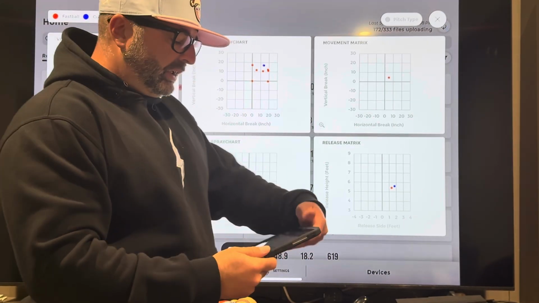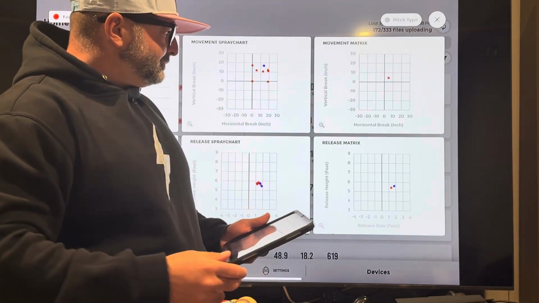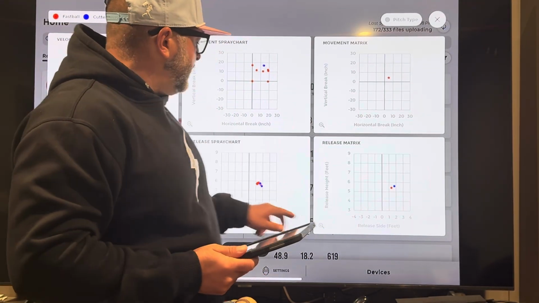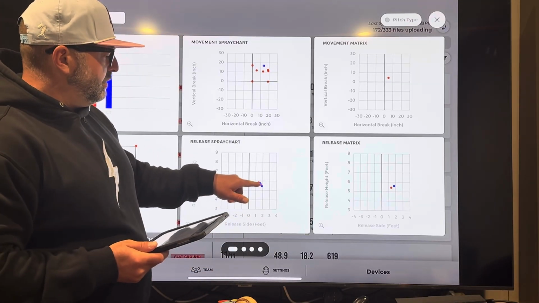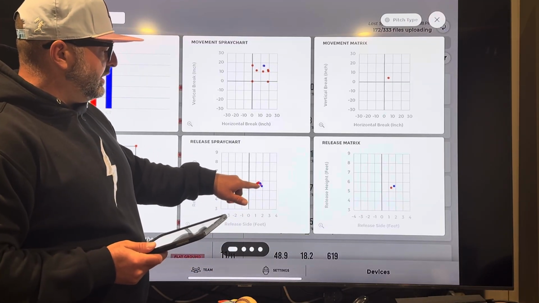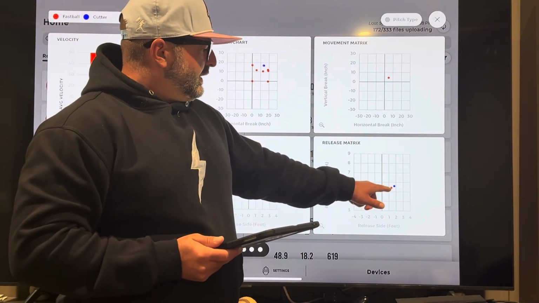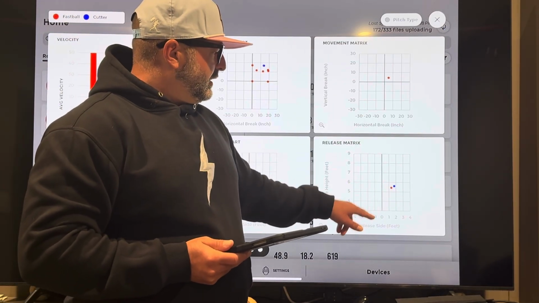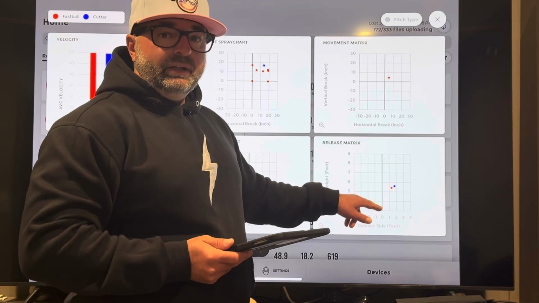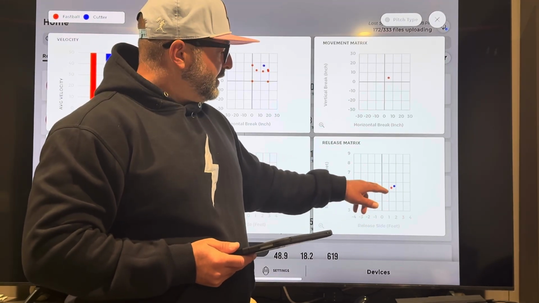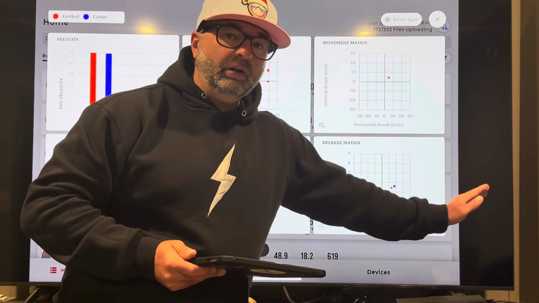If we look at it as well, the trend was, here's your 2. The blue are the 2 that registered as a cutter, and the red are the fastball. Here's your average. The dark black line is basically where your body is, and this is how far away from your body it is.